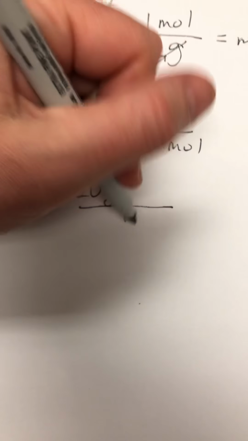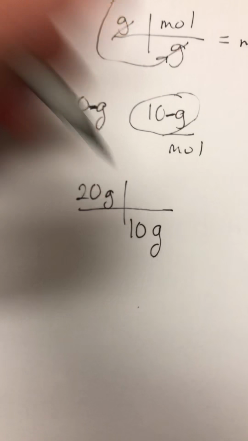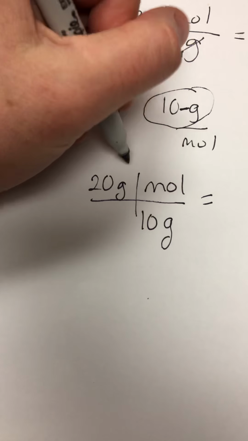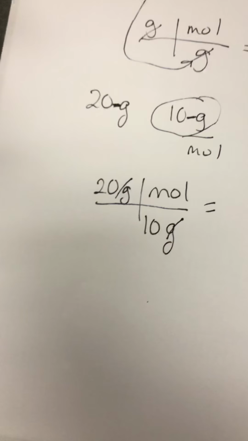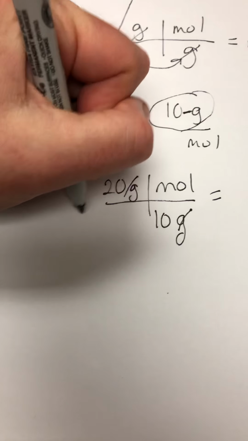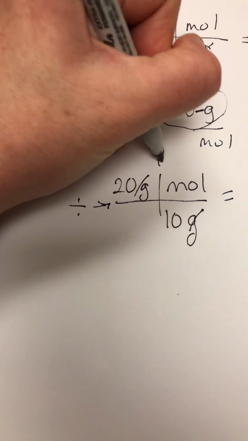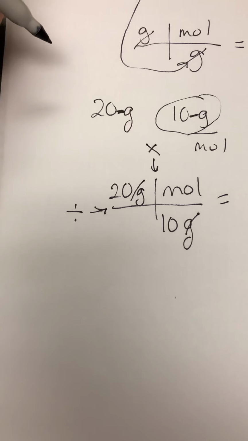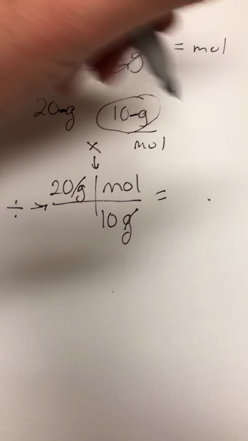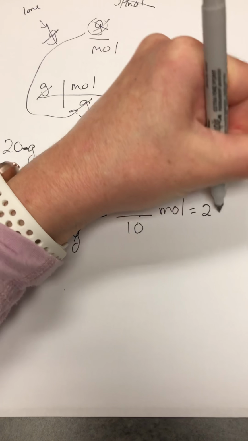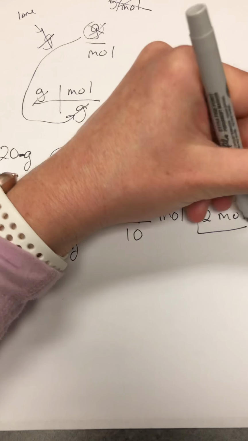This whole thing is going to go down here. And then we're left with mole on top. Our grams cancel. And now here's where the math comes in. This line right here is a division line. And any vertical line is a multiplication line. So essentially this is now saying 20 divided by 10 mole. In other words, your answer is 2 mole.